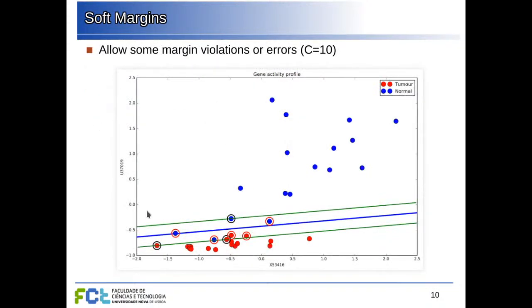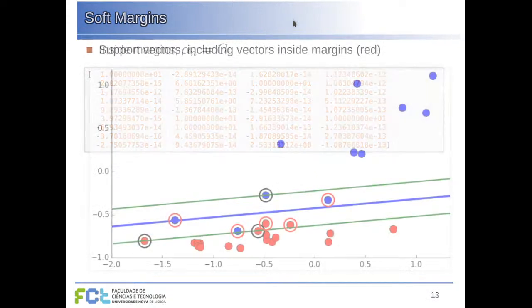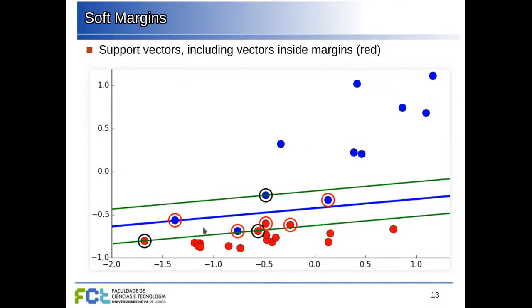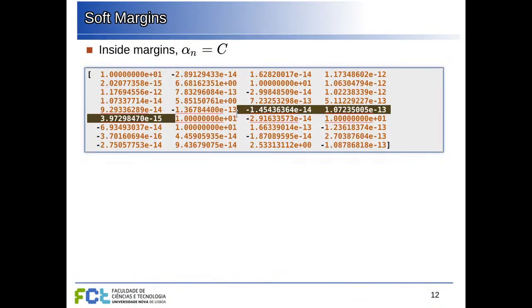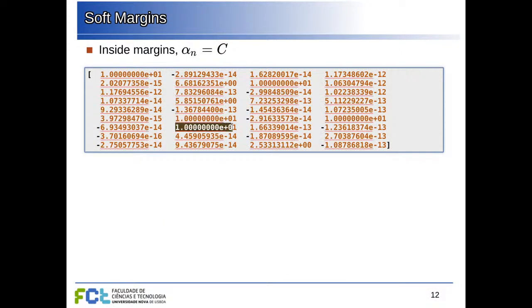They are violating the constraint that we impose that the margin must be at least 1. And some of these points, for example, this one here, are actually in the wrong side of the discriminant. So all these points marked in red, in the red circle around them, are those that have maximized the alpha at 10, like this one, this one.